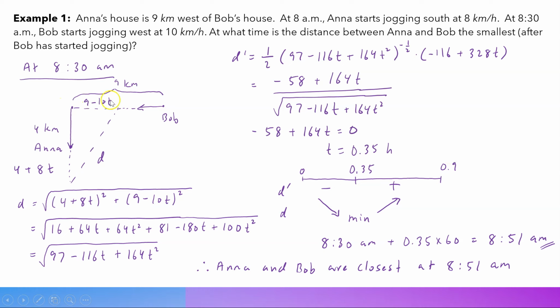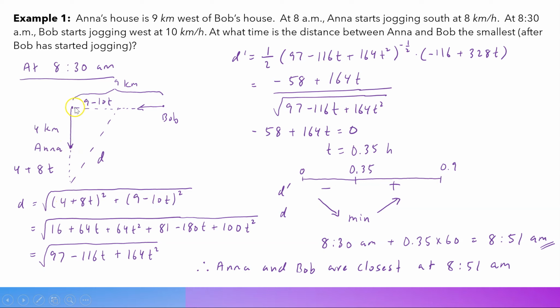The reason for that is if we look at this expression here, the 9 minus 10t, it will take Bob 0.9 hours to reach Anna's house, and then at that point he's going to go past Anna's house while Anna is going to continue to travel this way, right?